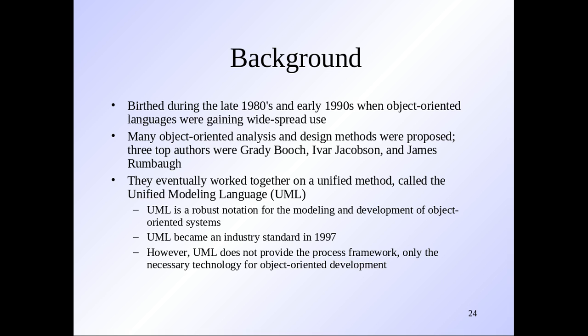In the 1990s, when object-oriented languages were gaining widespread use, object-oriented analysis and design methods were proposed for the development cycle. So UML is a very robust notation for modeling and development of object-oriented systems.